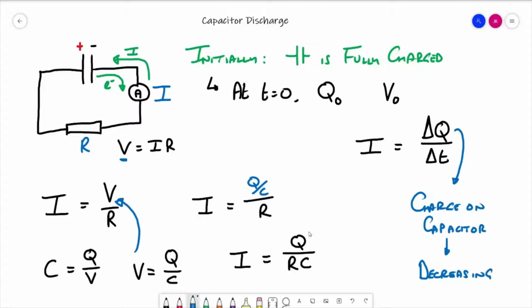And what that means is that in our equation for current, for this particular context, we need to put a negative sign in there to denote that the current is causing the charge on the capacitor to decrease with respect to time.